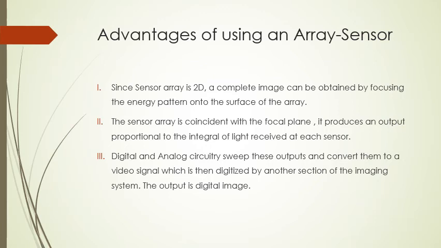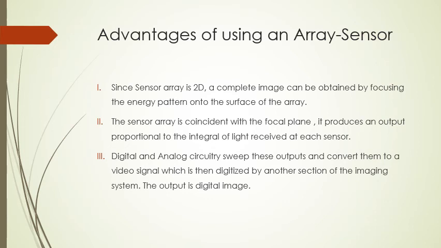And we know the line sensor and other sensors can't perform operations on an image completely at one time, but the array sensor works very well and processes the complete image in just a single time. This is a very useful and great advantage of using an array sensor.